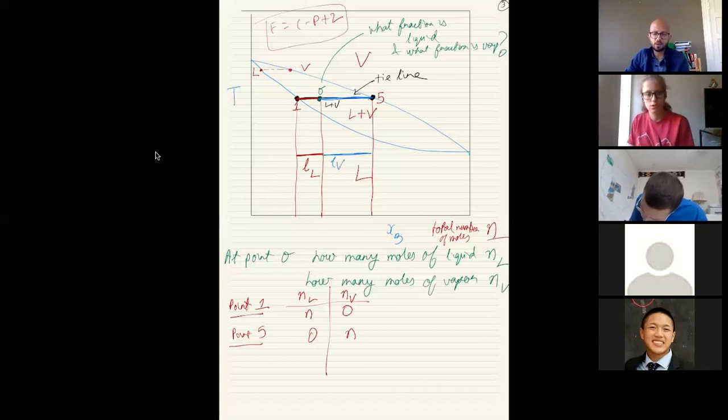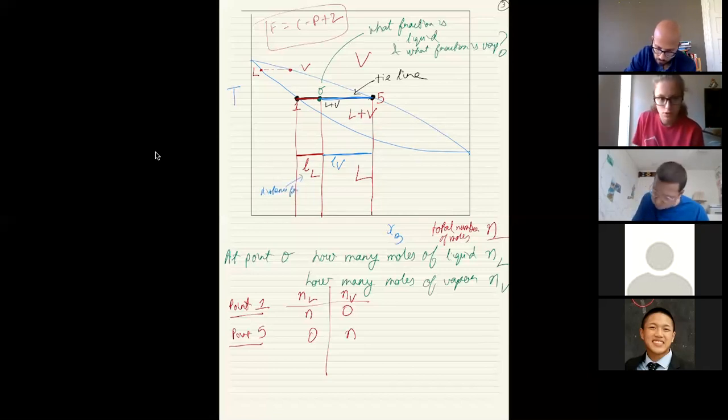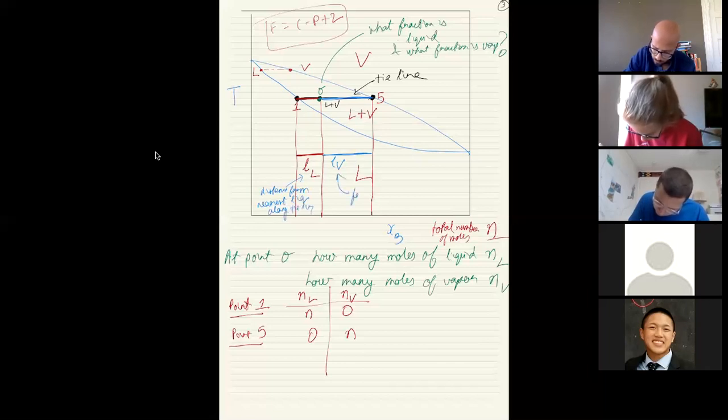So you measure the distance from the nearest liquid along the tie line, and from the nearest vapor along the tie line.